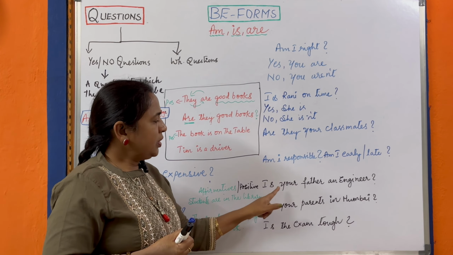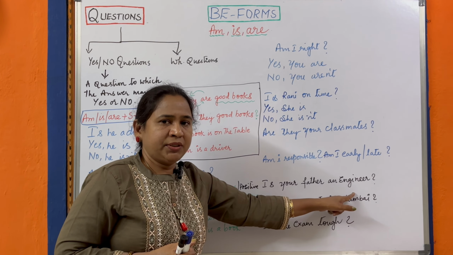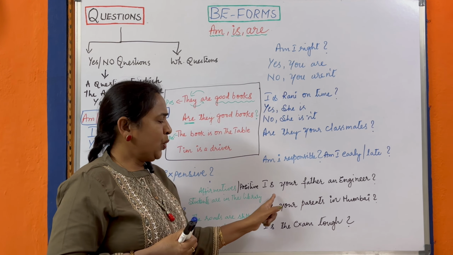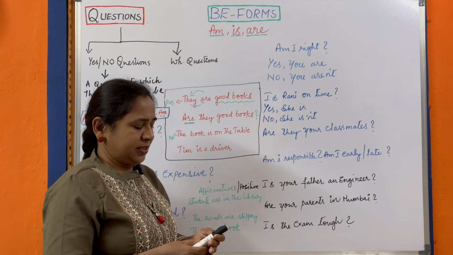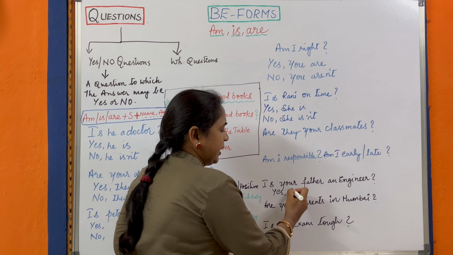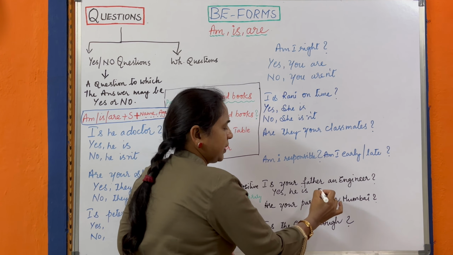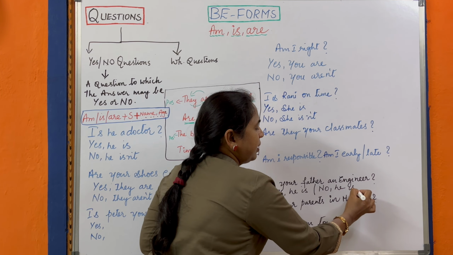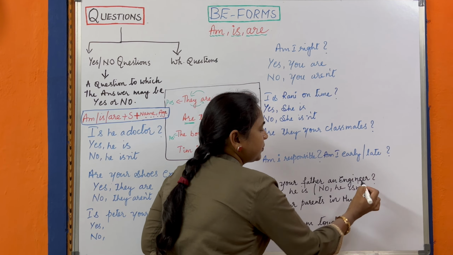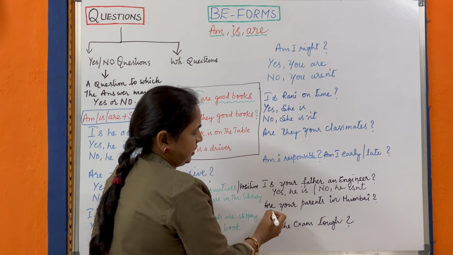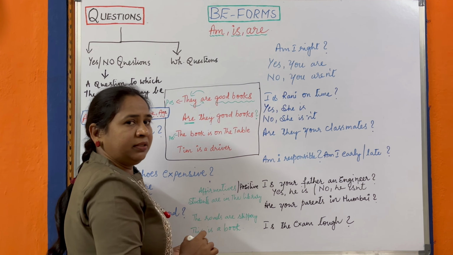Next one. Is your father an engineer? Yes, he is. No, he isn't. Shall I write here? Yes, he is. No, he isn't. Hope it is clear. Right? Are your parents in Mumbai?